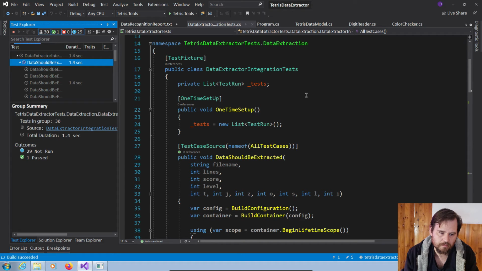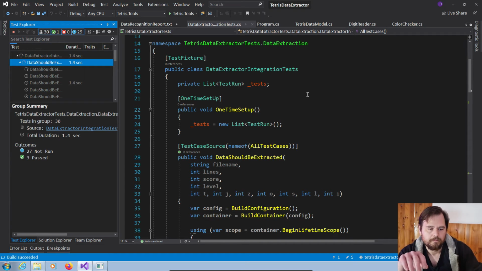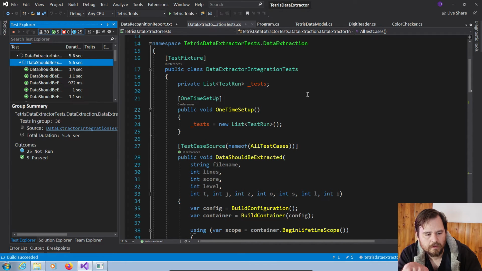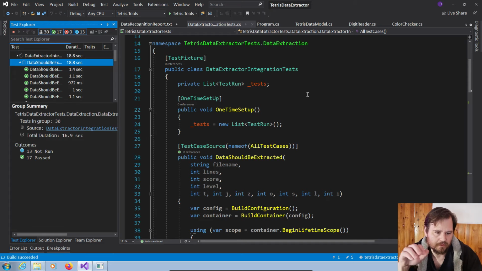There we go. I'm still expecting all the white numbers to work. I'm expecting different red numbers to fail though, unfortunately. But hey, what do I know?